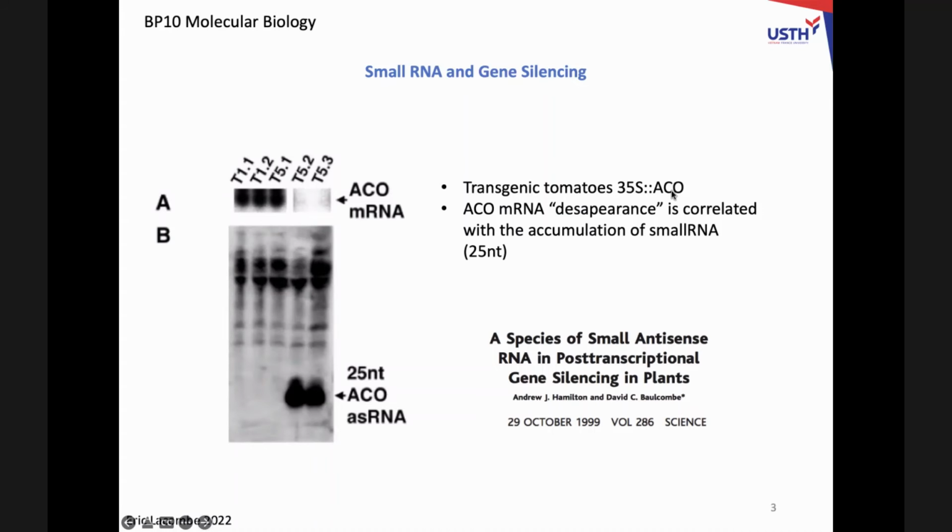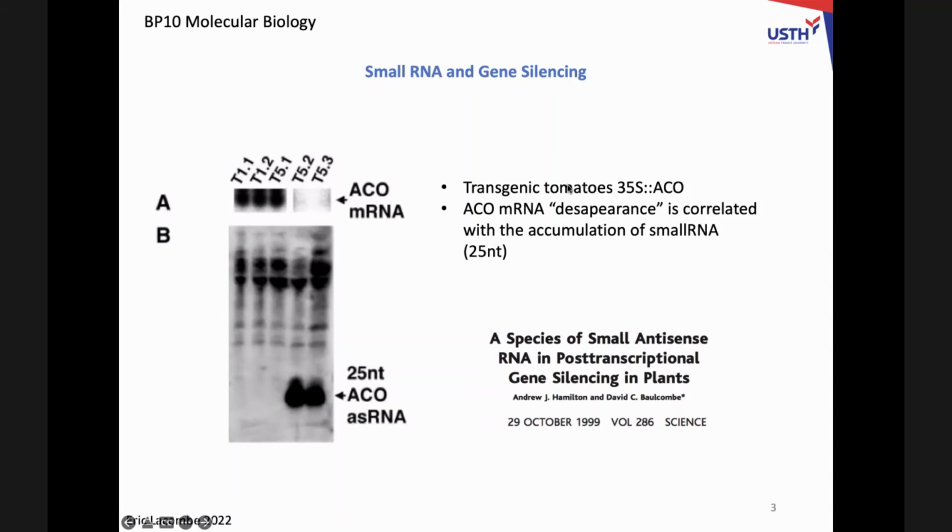And for that, the strategy was exactly the same situation that I showed you before, the overexpression. 35S is a constitutive promoter in plants that was expressing the ACO gene, which is a gene coding for an enzyme in the biosynthesis of this hormone.